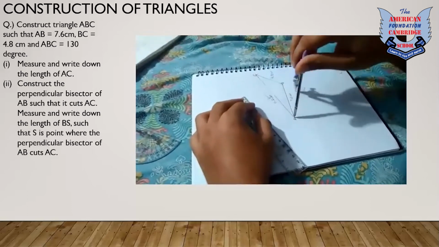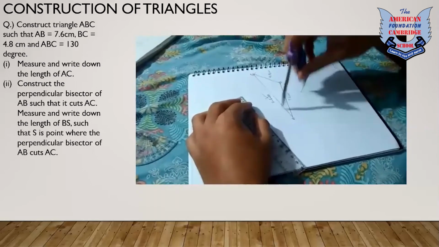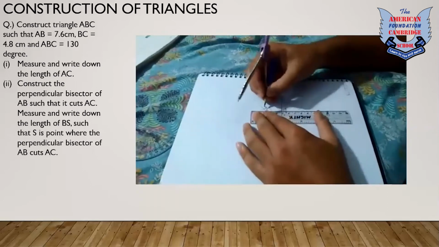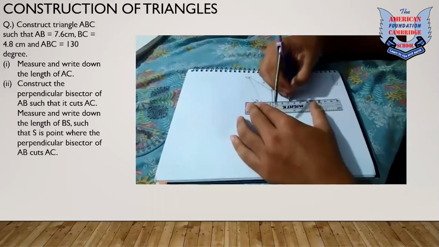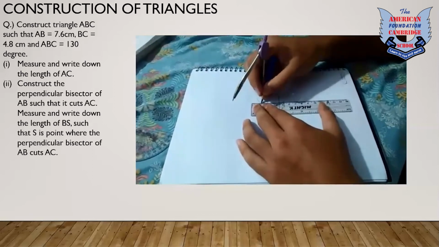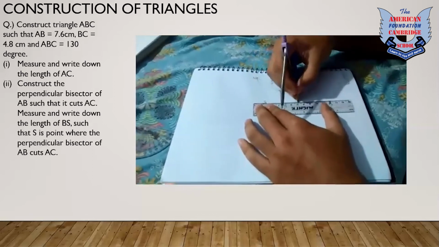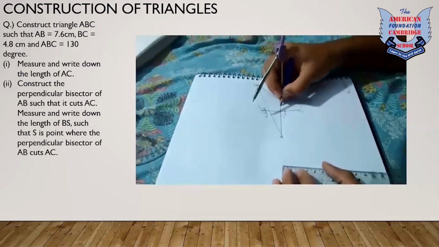You guys can clearly see how I've drawn two arcs. Then I'll draw a straight line where the arcs intersect. That will be our perpendicular bisector for A and B.